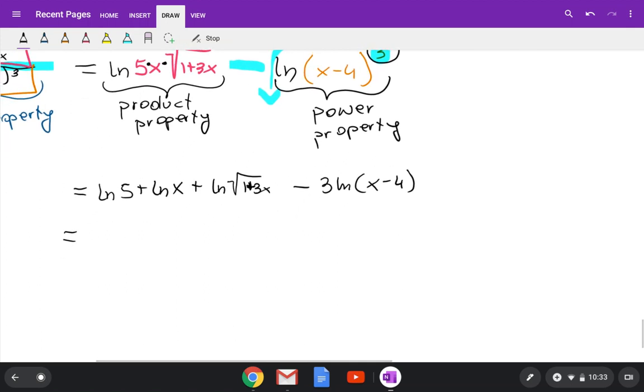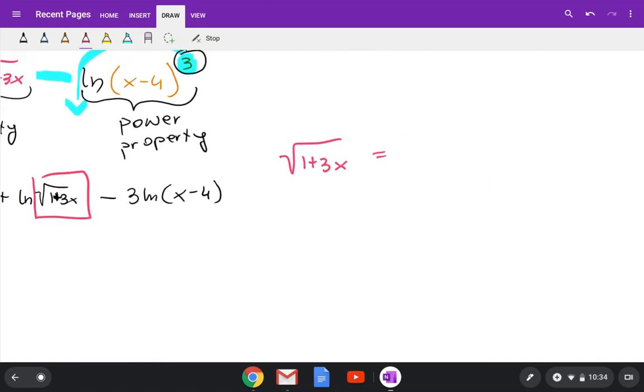The only thing we can simplify is to rewrite the square root of 1 plus 3x as an exponential expression, which is 1 plus 3x to the power of, okay, for this entire expression you don't see an exponent, that means it's 1. For the square root, we know the index of the radical is 2.